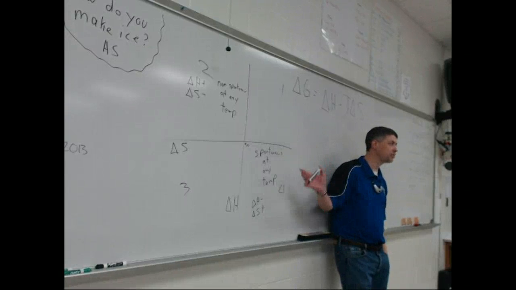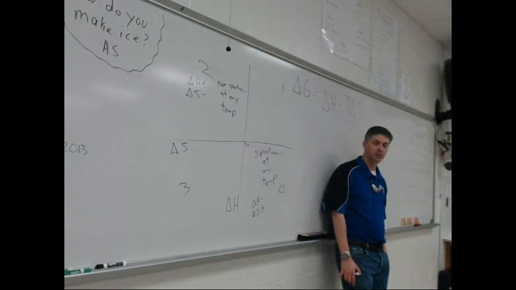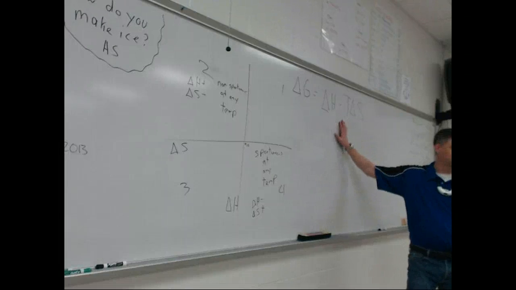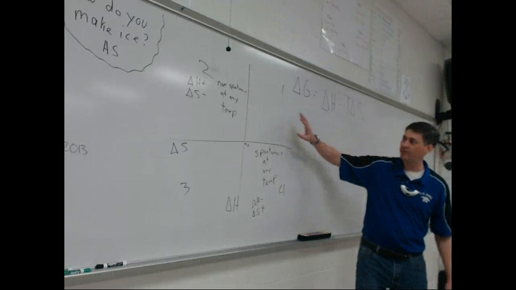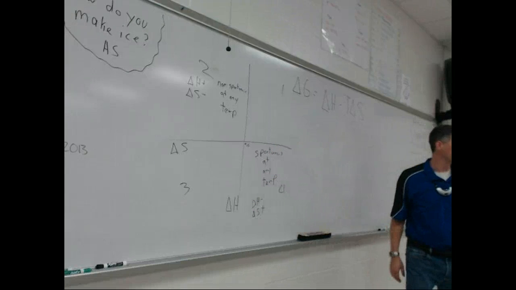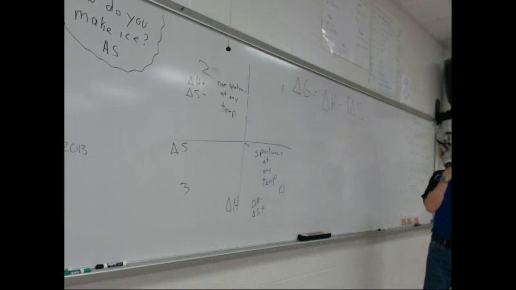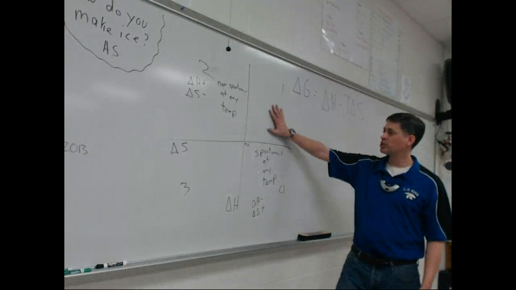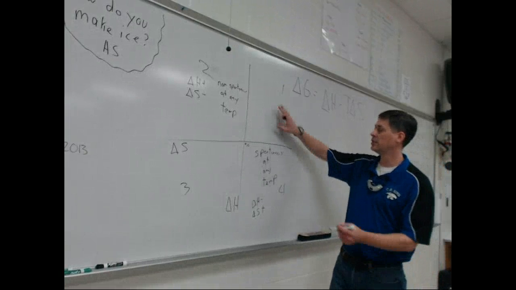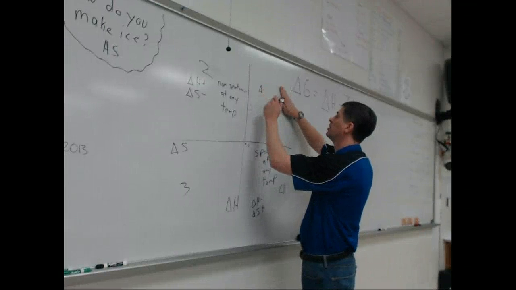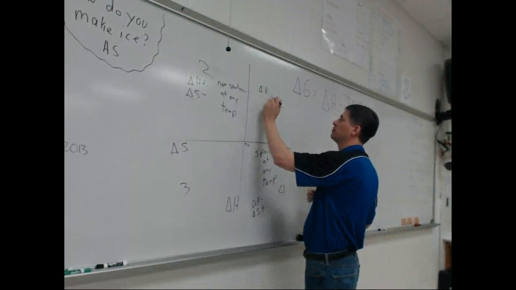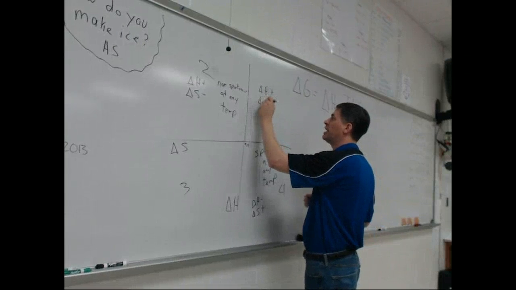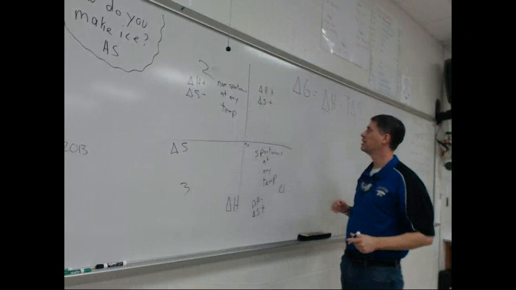Any questions on these two quadrants? Okay, now let's look at our formula a little bit, and we're going to figure out these other two quadrants by analyzing the math of the situation. So let's say we're in this quadrant. Delta H is positive, and delta S is positive.